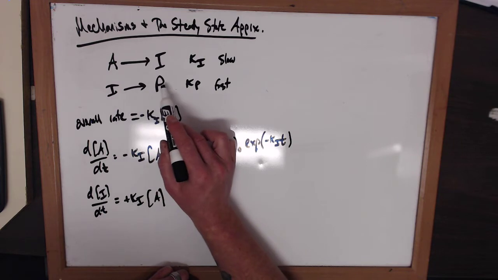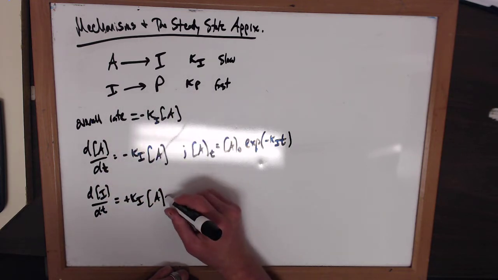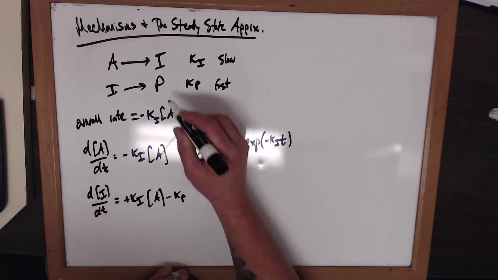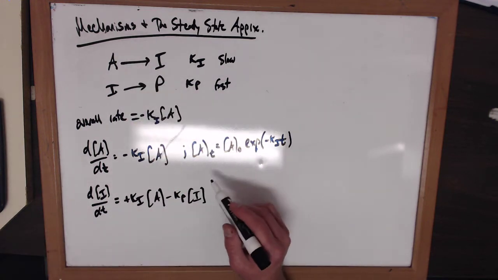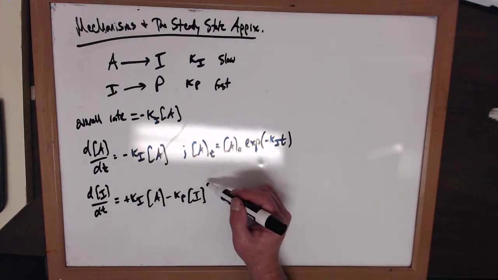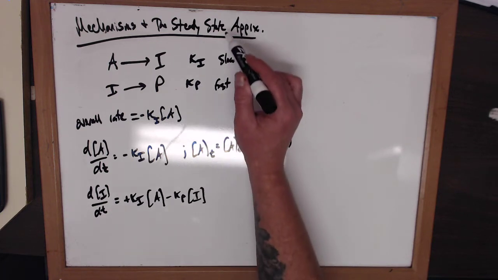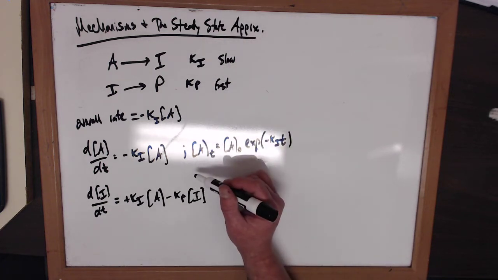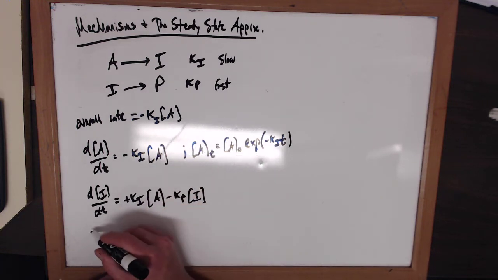And now I appears in this second reaction, so we could now write this as minus Kp times I. And we would not get a simple, straightforward solution to this differential equation. So this is where we're going to eventually take advantage of what we call the steady state approximation. But we could solve this, though. This is not so complicated.